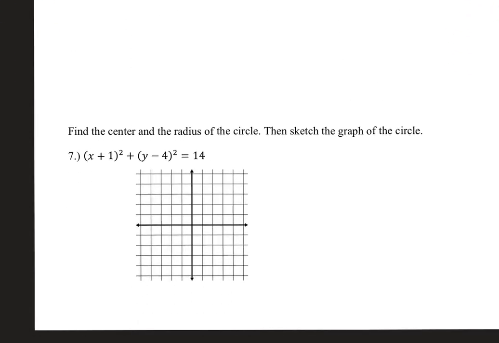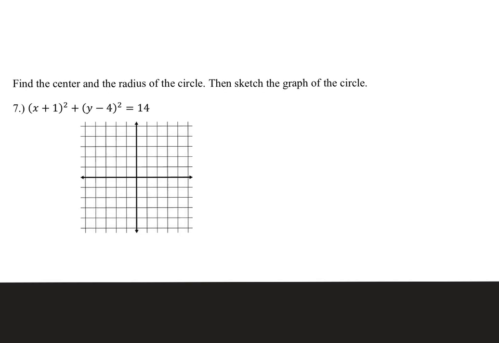Okay, then came your circles. So find the center and the radius of the circle, sketch the graph. This time we're just pulling the information out of it. So the standard equation for a circle is x minus h squared plus y minus k squared equals r squared. This was also in C1. We change the signs on the h and k, and this is r squared, sorry.